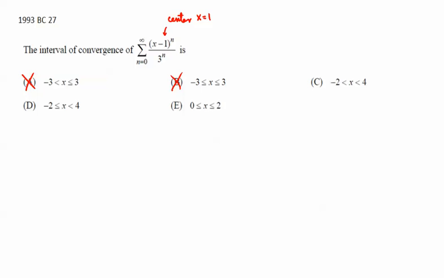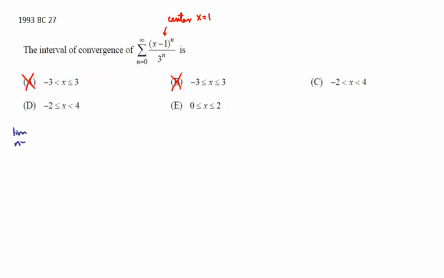So we don't know just yet which it will be, but we may be able to trick it just a bit. Let's test endpoints. None of the endpoints are the same there, so I don't think we're going to be able to do that. We're going to have to use the ratio test to find the actual interior of the interval of convergence.